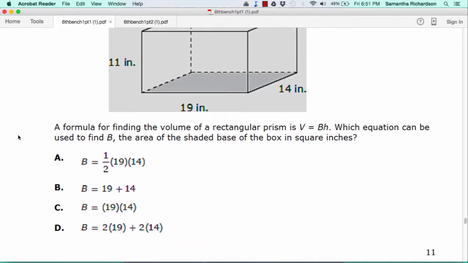A. B equals 1 over 2 times 19 times 14. B. B equals 19 plus 14. C. B equals 19 times 14. D. B equals 2 times 19 plus 2 times 14.